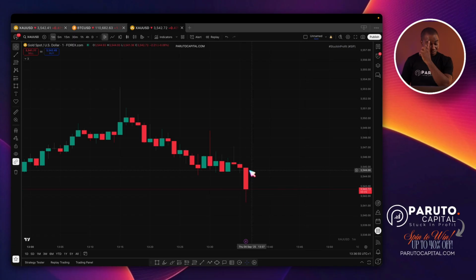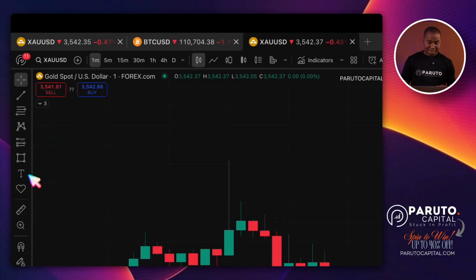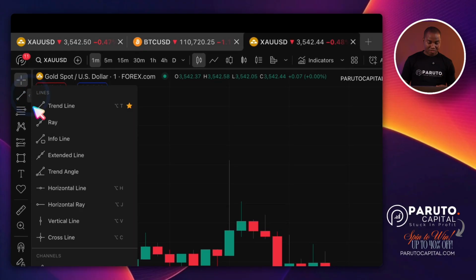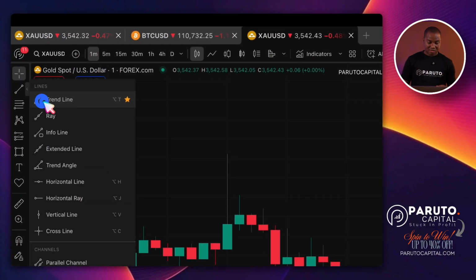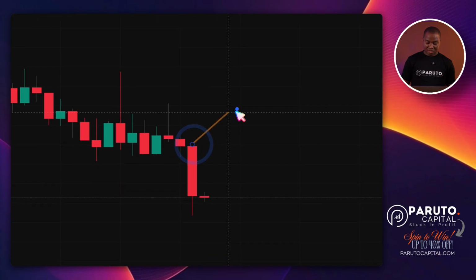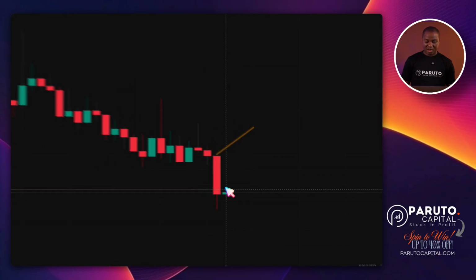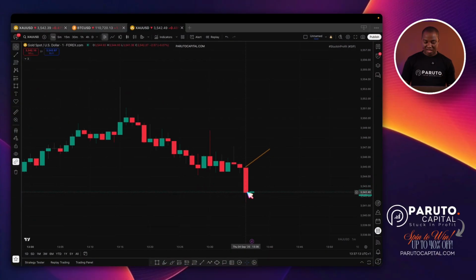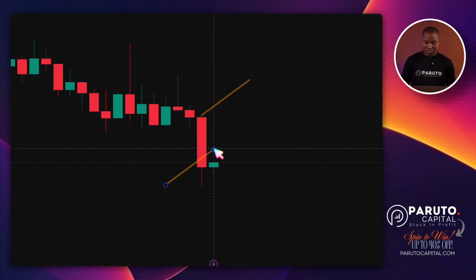Now imagine, for example, this candle started here, that's the open price, and let me just draw that. So the open price is just here, okay, that's the open price. And now the candle just closed, and you can see here, just here, that's where we have the close.